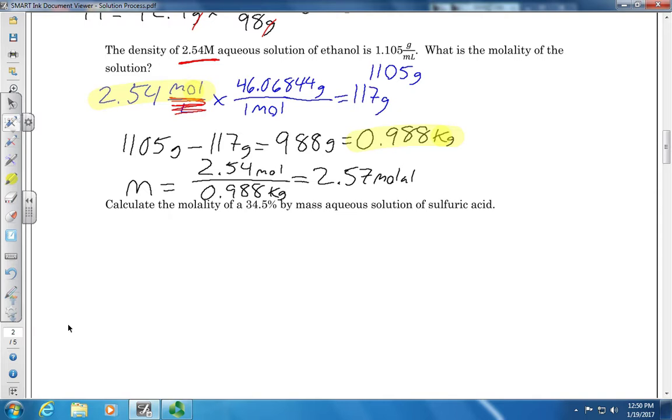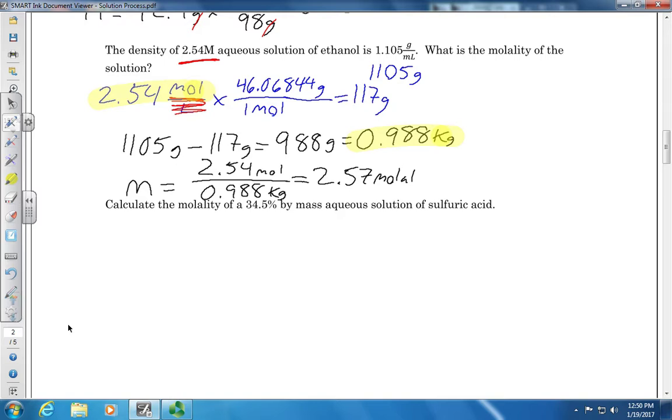So that one was a little more difficult. Took a little bit of critical thinking on our part, but it is achievable. So always remember, especially as you're relating concentration units to one another, to try to keep it as simple as possible. I generally look at it in terms of, if you have the molarity, it's just saying that it has a certain number of moles of the solute and it's in a liter.